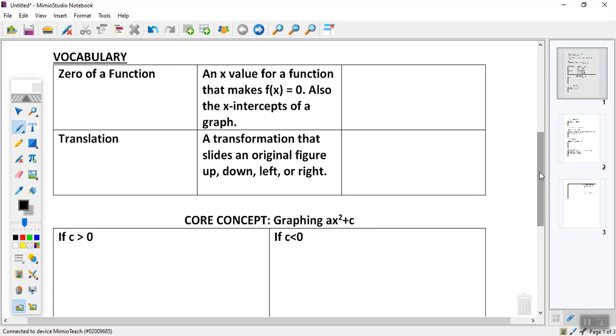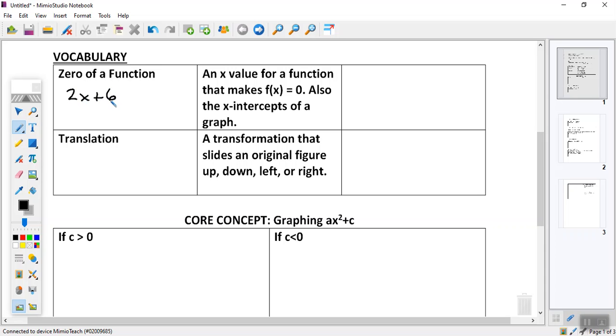A zero of a function. Anybody want to volunteer to read that for me this morning? I've got it. A zero of a function is an x value for a function that makes f of x equal to zero. Suppose I had the function 2x plus 6.